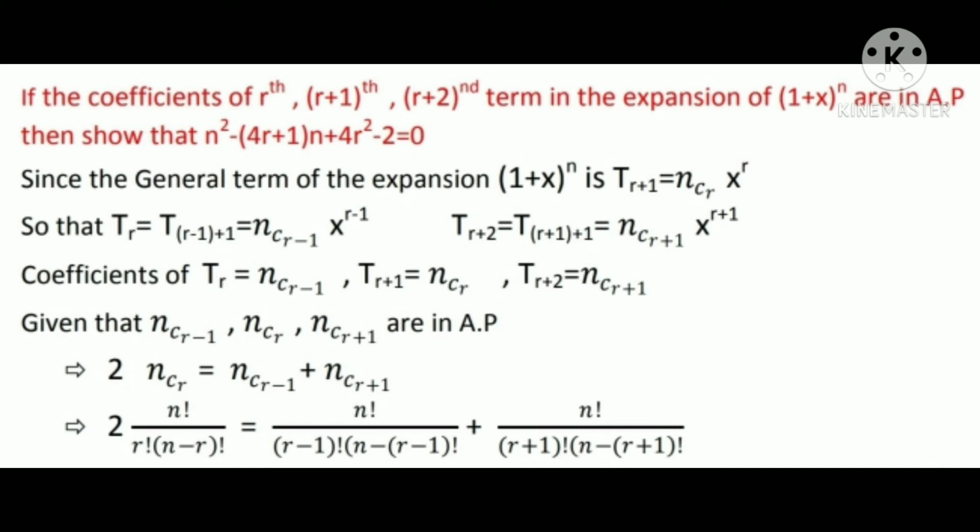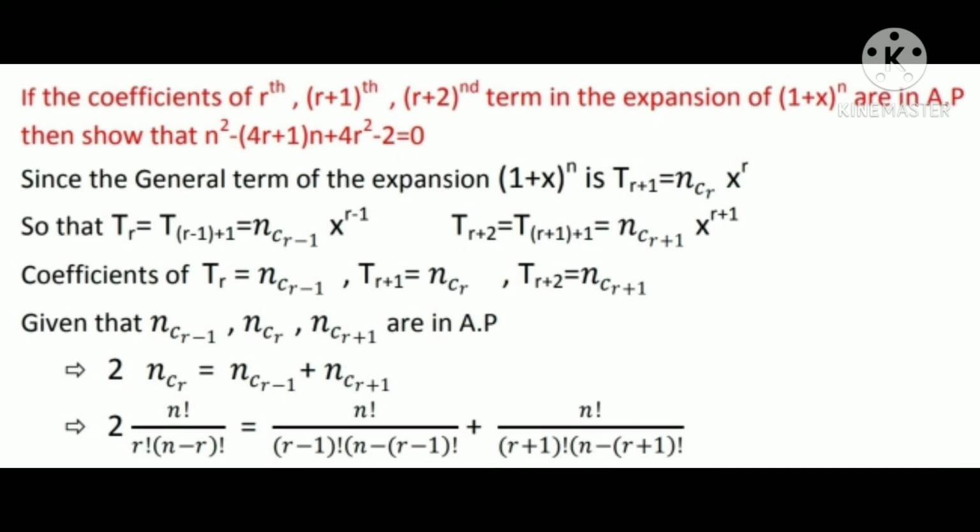So writing the left and right sides in terms of these factorials: on the left side, r! becomes r into (r−1)!, and (n−r)! we can write as (n−r) into (n−r−1)!. On the right side, the first term in the denominator (n−r+1)! we can write as (n−r+1) into (n−r) into (n−r−1)!.